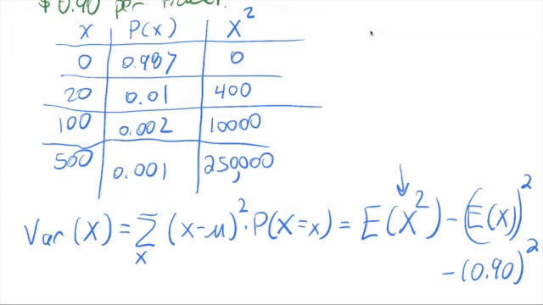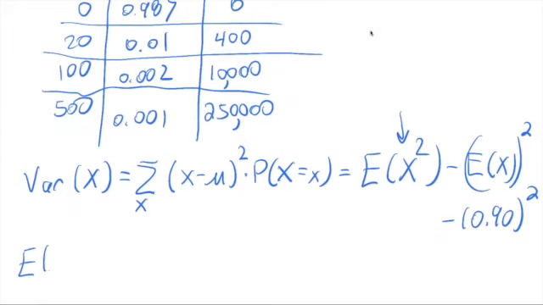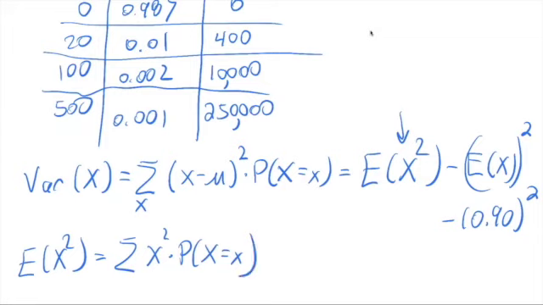So I think I did my squaring correctly here. If we square each of those values of x, then we would get the following. When we calculated the expected value of x, we summed up x times the probability that x occurs. If I want to calculate the expected value of x squared, then we have a 2 here.